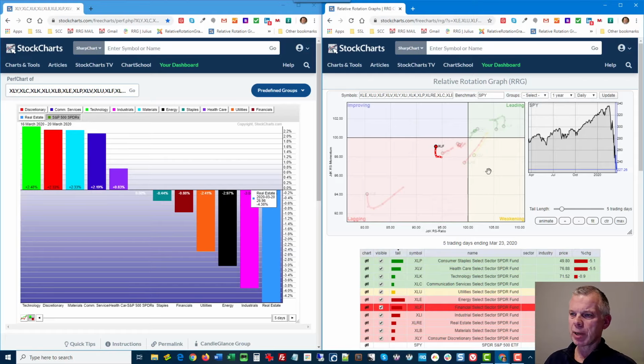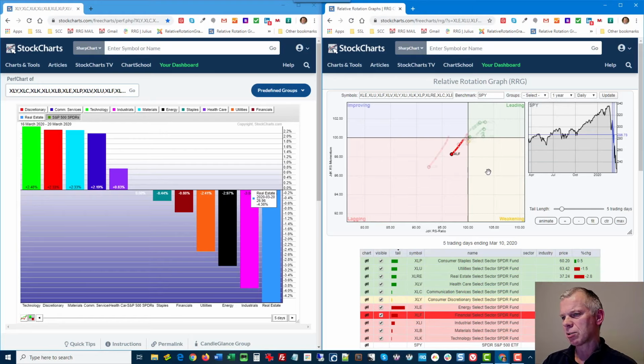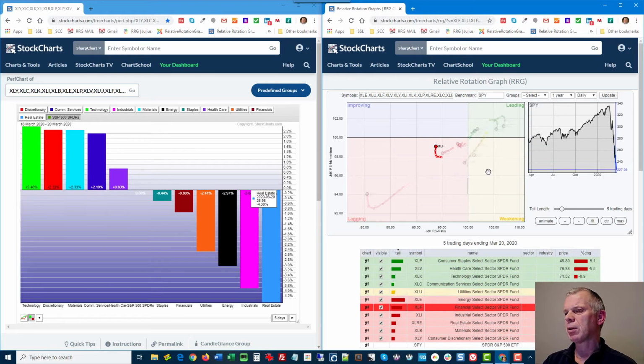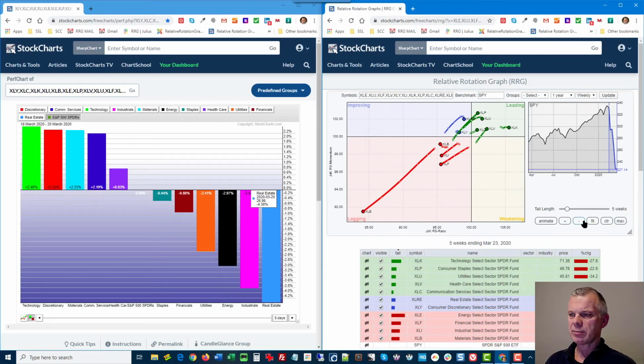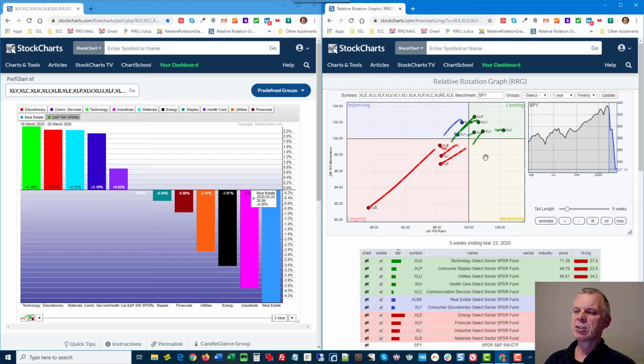Not a pretty good week, but the last couple of weeks this was actually starting to turn up, and we're going to have another look at the financial sector later on in the show. But so far I think that the longer term weekly chart still shows you a risk off message for the market as a whole, with all these defensive sectors inside leading and the more offensive sectors inside lagging.